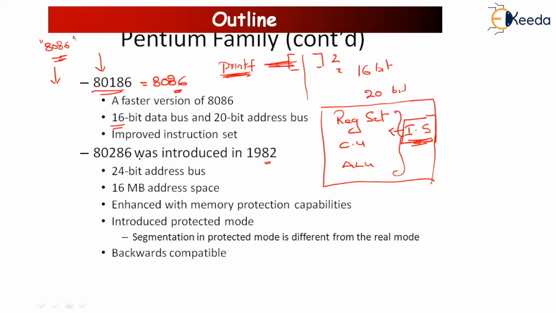What is the 80286? The 80286 is just an update to the 80186. It has a 24-bit address bus and 16 MB address space. You know that 8086 provides you only 1 MB address space. You know that the main memory is the memory that is going to be used by the programmer.